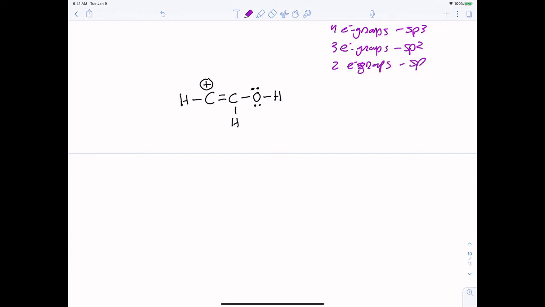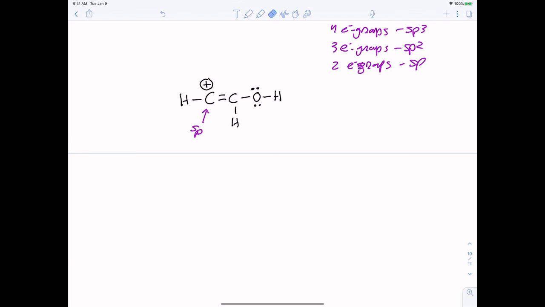And remember, a single bond, a double bond, a triple bond, and a lone pair all count as 1 group each. So this carbon here, I have 2 electron groups, that double bond and that single bond. So my hybridization on that is going to be sp because I have 2 groups.